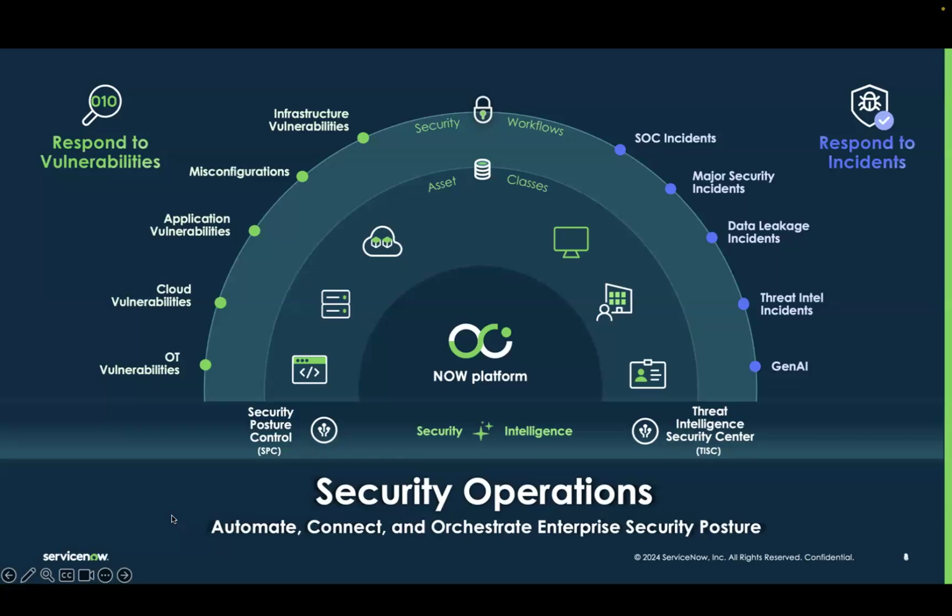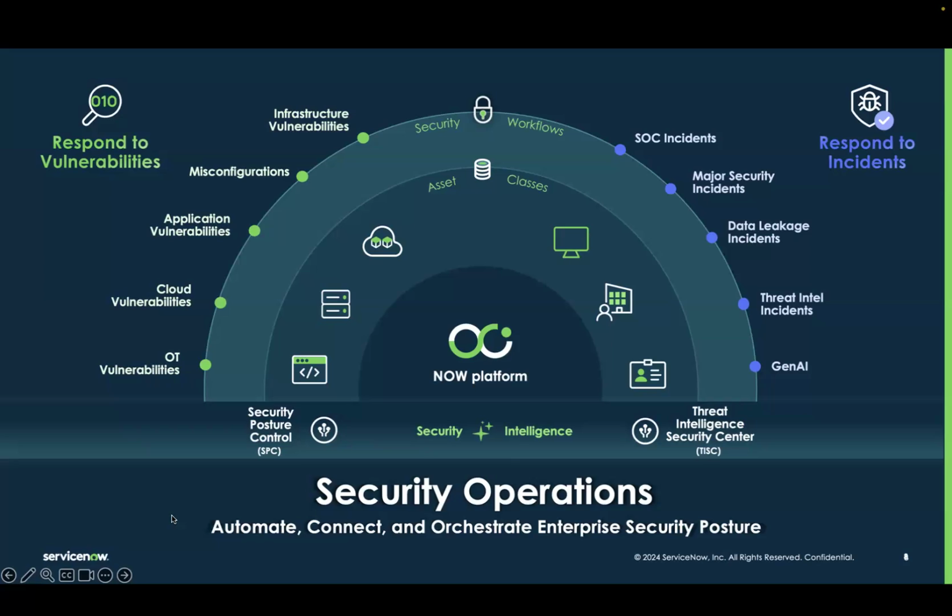And this is largely achieved through our enterprise security case management and SOAR solution, which is security incident response. Within that, we also have our threat intelligence solution, data loss prevention incident response, major security incident response, and others. So really different solutions that meet different types of use cases.